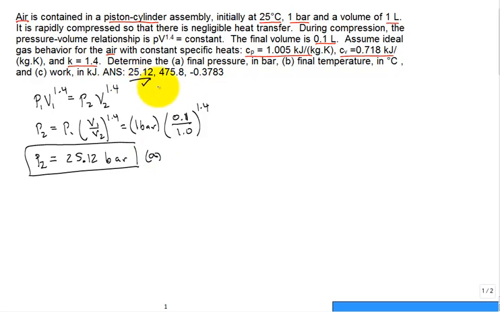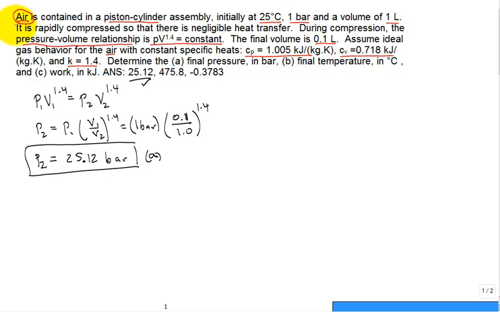Very good. Okay, the final temperature in degrees C. Well, even though it's being compressed rapidly, and the pressure-volume relationship is described by this polytropic process, it doesn't mean that it stops behaving as an ideal gas.